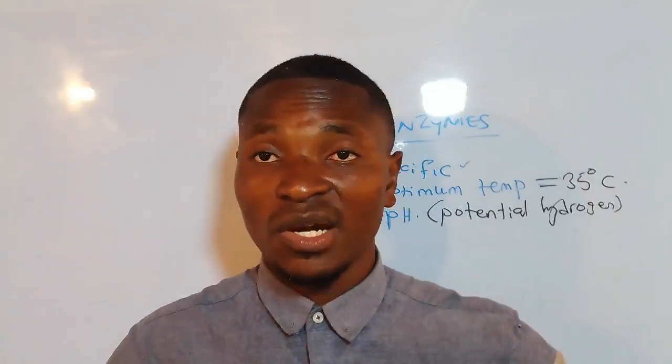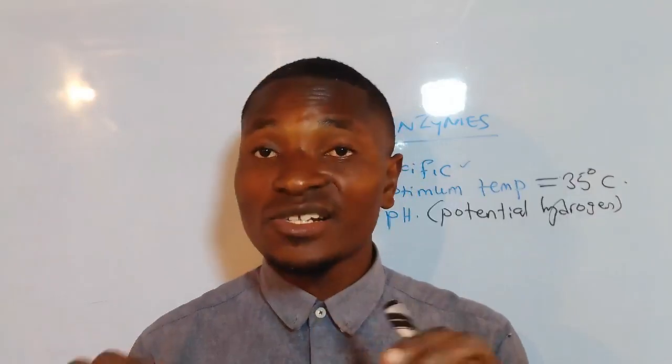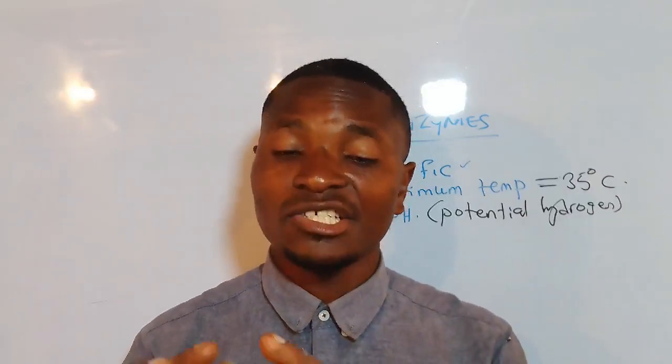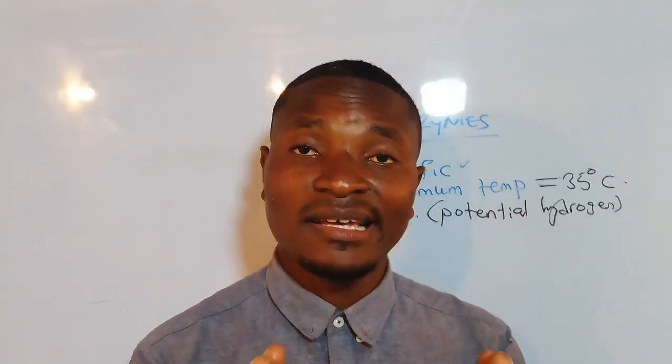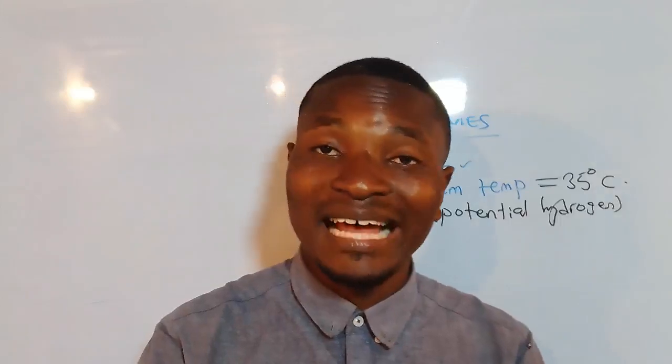In this case, the way to understand the pH is normally to look at the pH scale. Different parts of your body have a certain environment that can only allow certain enzymes, based on the condition of the environment.